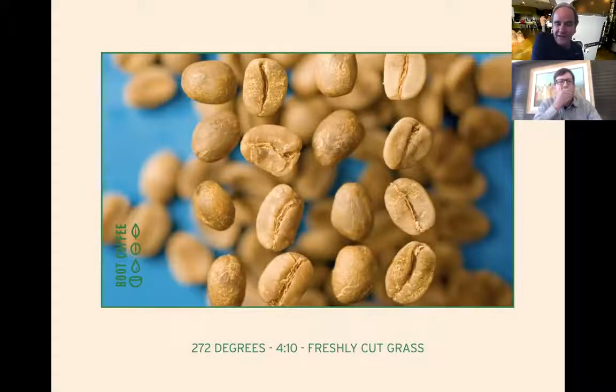At that point, the water vapor that starts developing now induces the first phase of the chemical transformations in the bean.